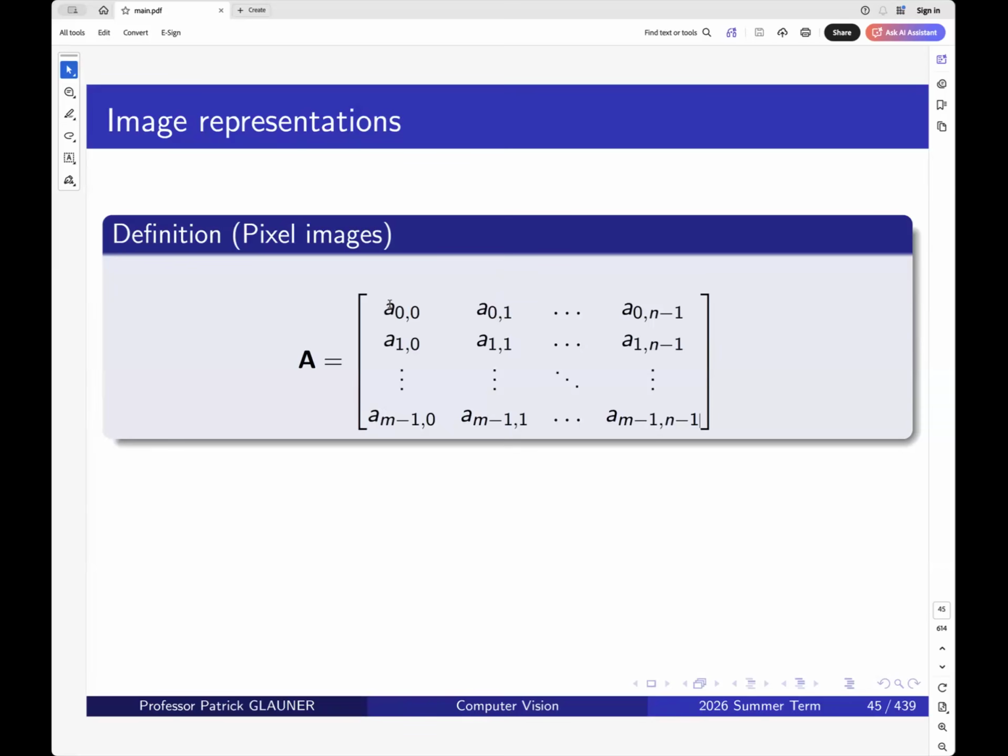So I can represent a pixel intensity in here from 0 to 255, and so forth. The convention is I start with indexes 0. So the row index is from 0 up to m minus 1, and the column index is from 0 up to n minus 1. So it's an m times n matrix, m rows, n columns.